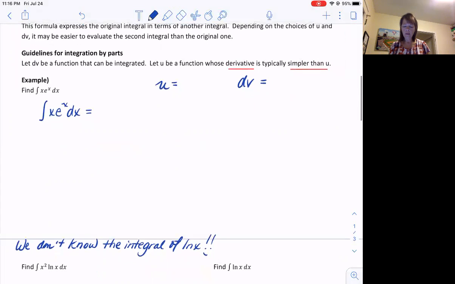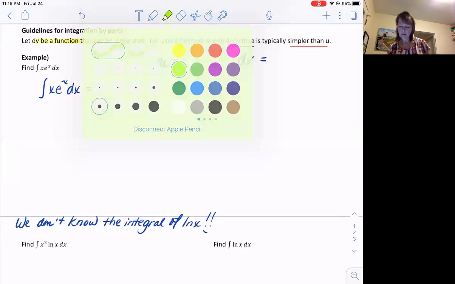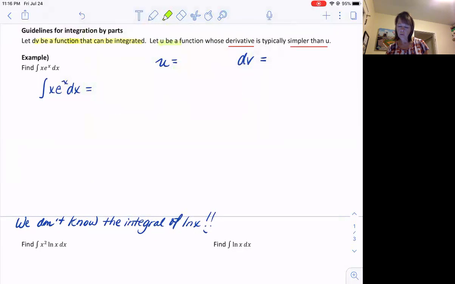The guidelines are: you want to let dv be a function that can be integrated, and you want u to be a function whose derivative is typically simpler. So if I have a u of x squared, then du is 2x dx. 2x is a lower power than x squared, so that's where you want to head with this.